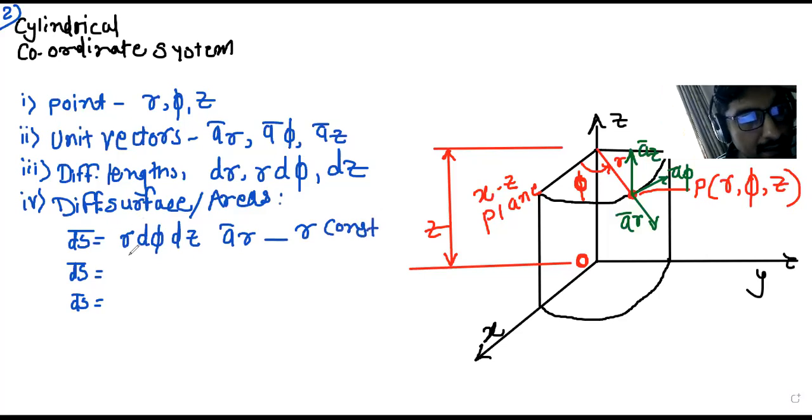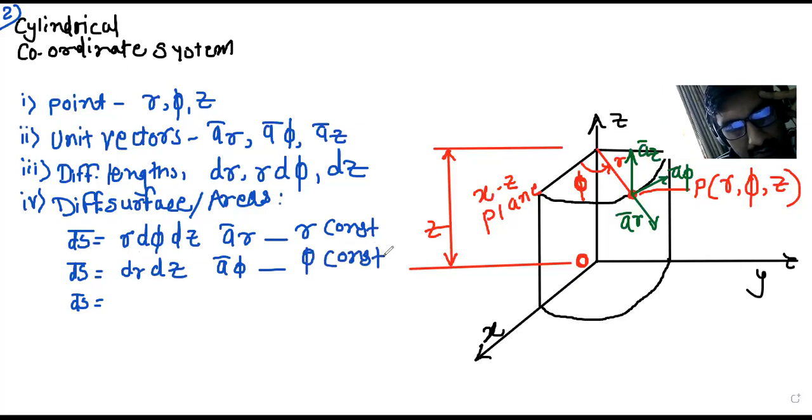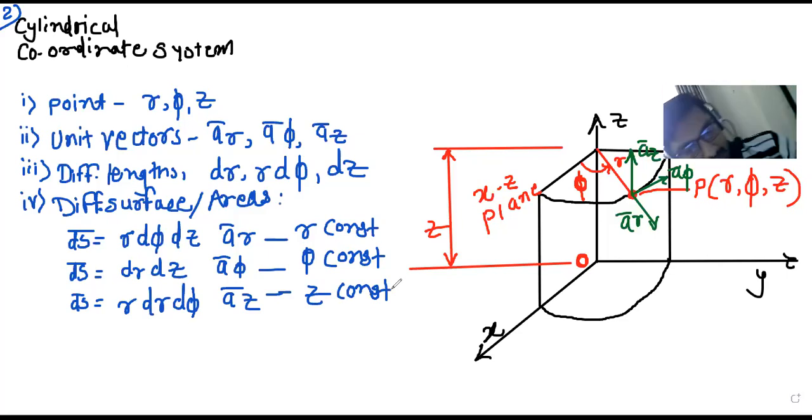Next, phi constant: if phi is constant, the differential surface would be dr dz, and the direction is given by a bar phi, where phi is constant. Similarly, you can keep z constant. In that case, r dr d phi. This would be the surface. Direction is given by a bar z, and this is the case in which z is constant. I hope you understand what I have written here.